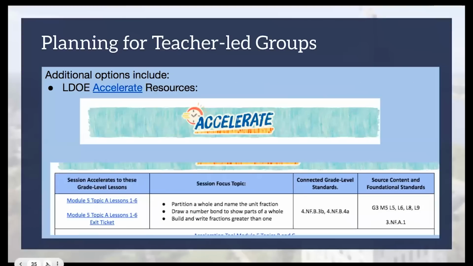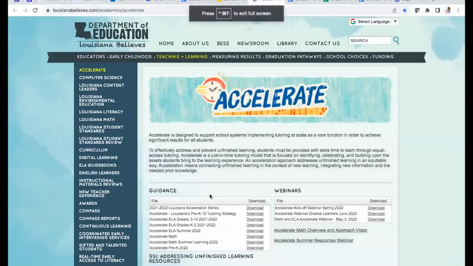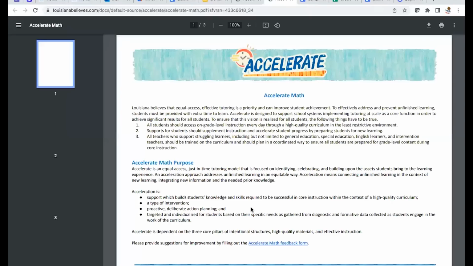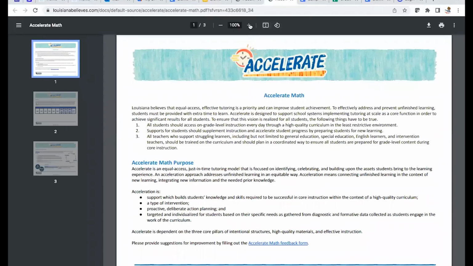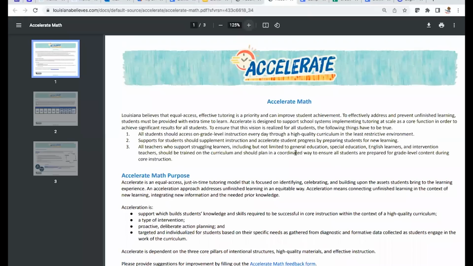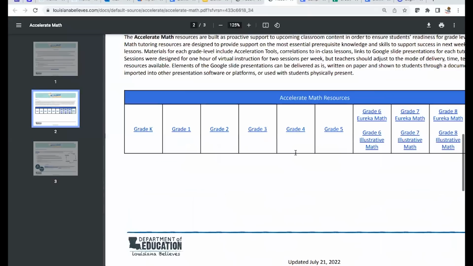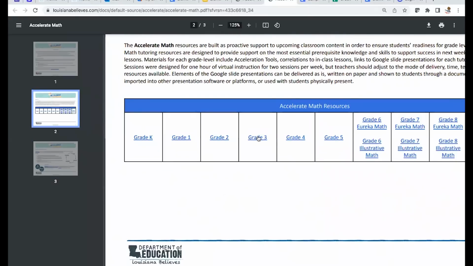One of the other resources that we are lucky to have accessible to us is the Accelerate tutoring resources from LDOE. Remember that those resources from LDOE are designed to align specifically to all of our Tier 1 resources. So if I'm going to grade 3, we'll go back to using my data from Illuminate.